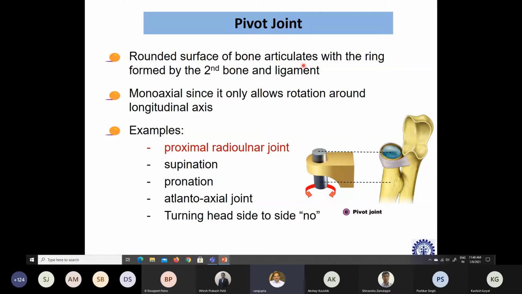A rounded surface of the bone articulates with the ring formed by the second bone and ligament. It's monoaxial since it only allows rotation around the longitudinal axis. These terms, supination, pronation, you will understand a little bit later. These are also connected to movements.